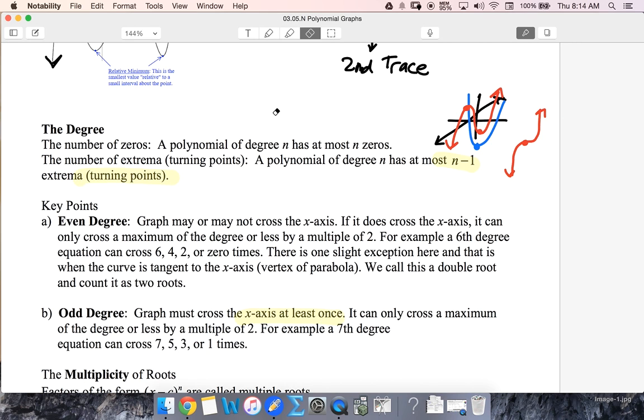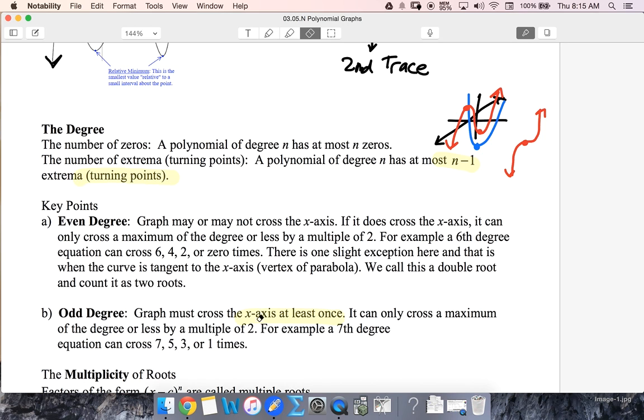So it has to cross the x-axis. It will cross a maximum of the degree, so we could cross 3 times, like in this cubic, 1, 2, 3. Or we can cross less by a multiple of 2.